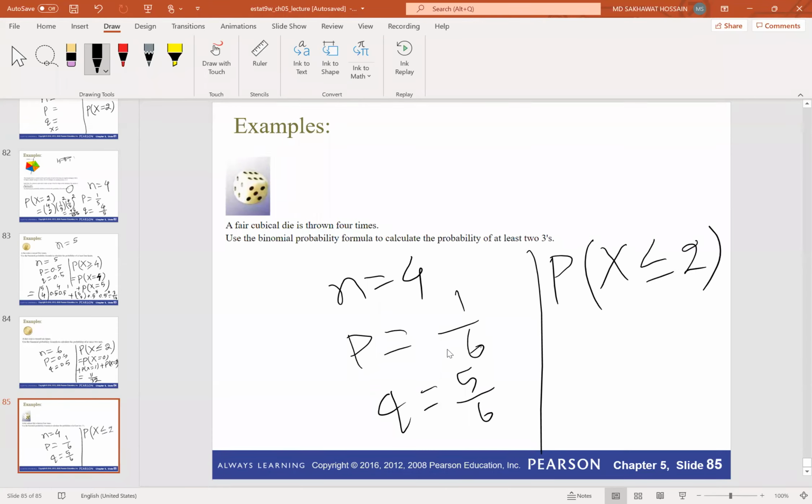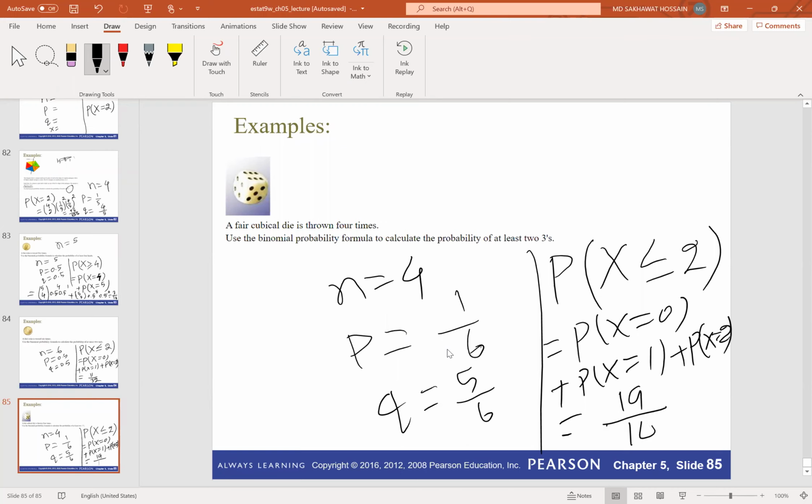So we want to find the probability of X equals 0, plus X equals 1, plus X equals 2. Then the answer for this one will be 19/144. So this is the correct answer.